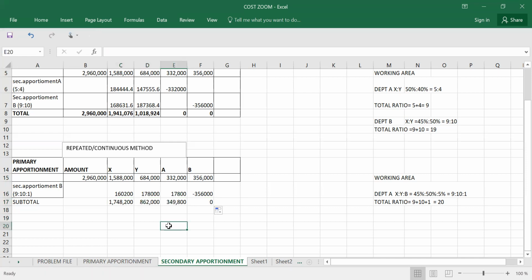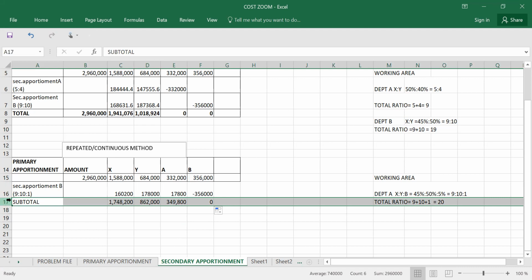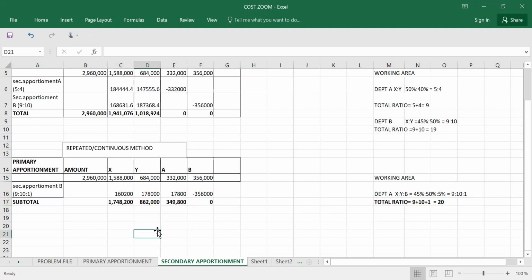Why did we do the subtotal? I'm doing the subtotal simply because I want to show that now department A is the one distributing. This was department B that distributed first. Now when you come to department A, department A is going to distribute to X.